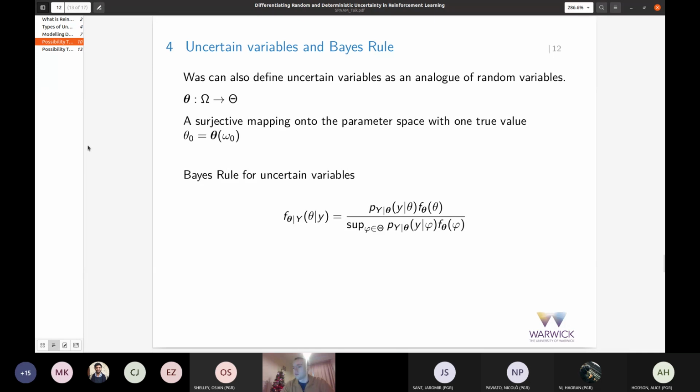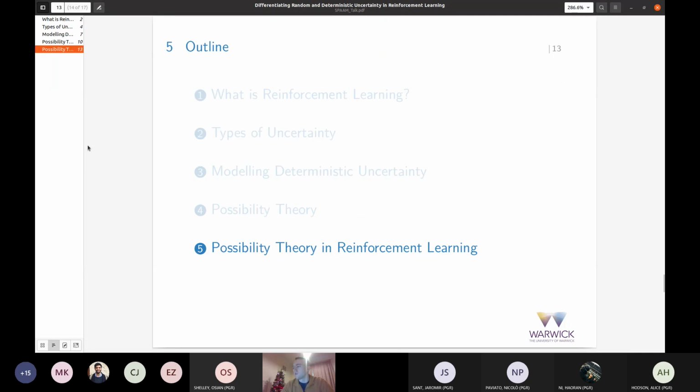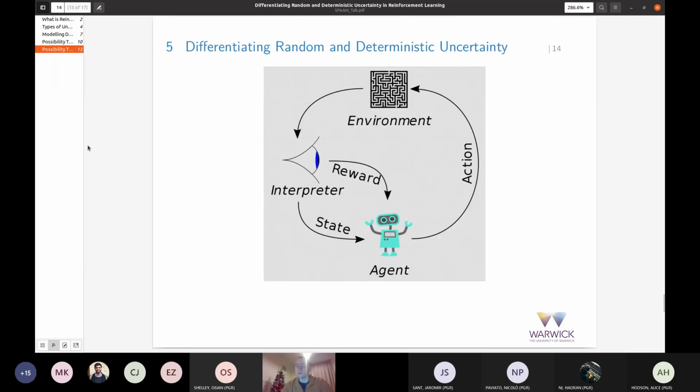Okay. So going back to reinforcement learning, how do we apply this to a problem? So the starting point is differentiating between what is due to random and deterministic uncertainty.